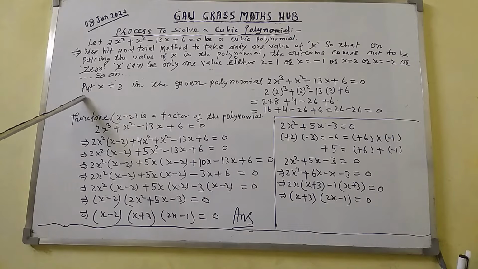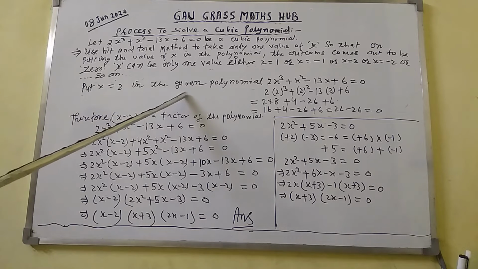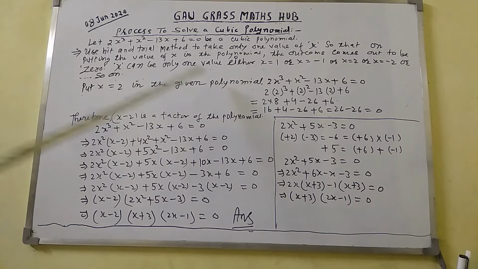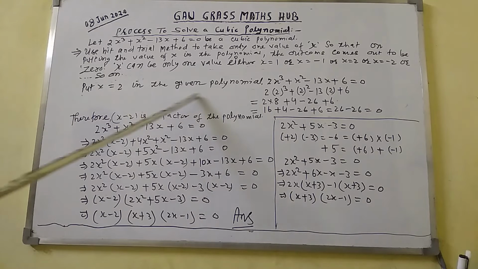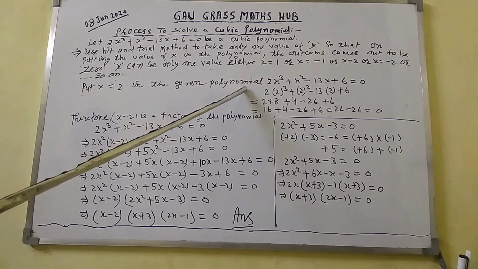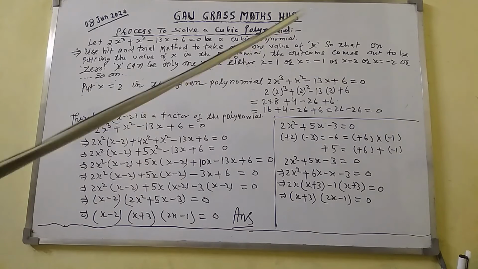If you put that value in the given polynomial, the outcome should be 0.